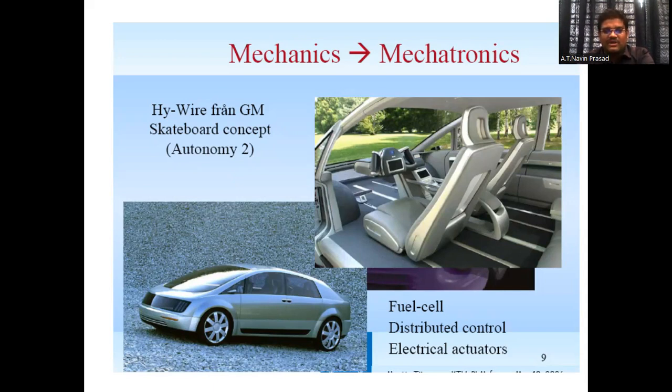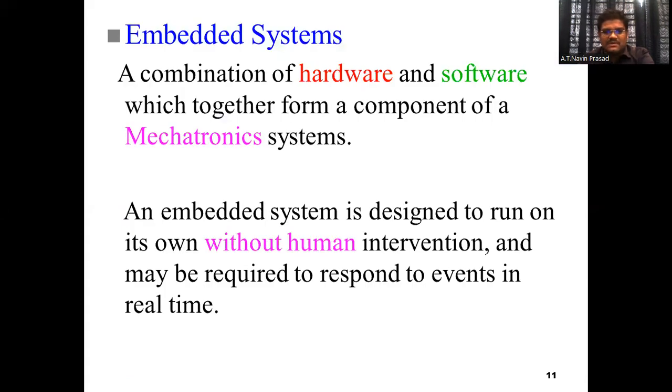Everything is by mechatronic systems. This is the embedded system. In a mechatronic system, we have the embedded system, which is the combination of hardware and software that together form a component called the mechatronic system.